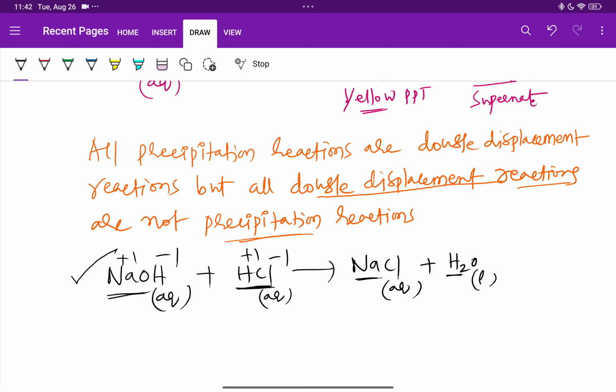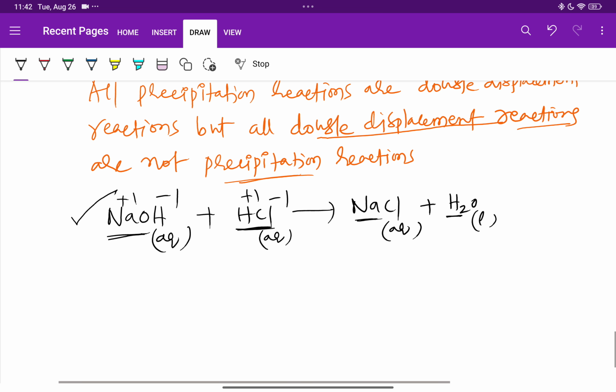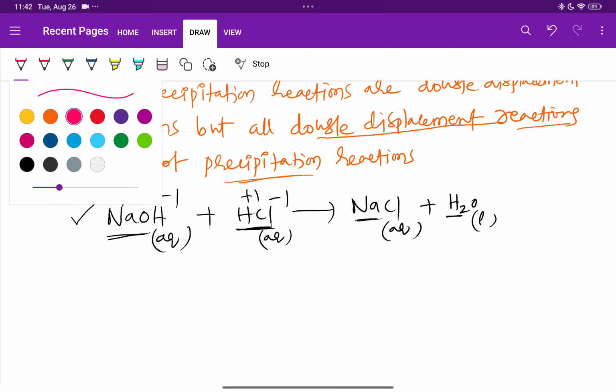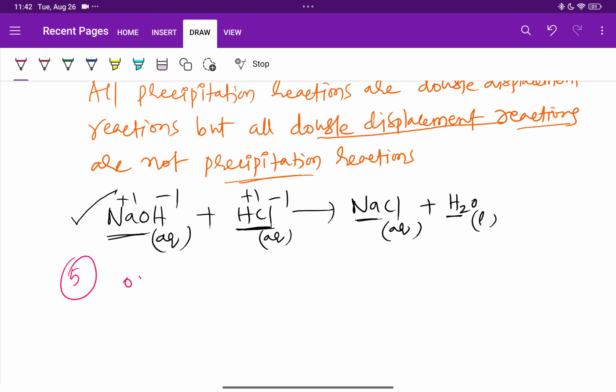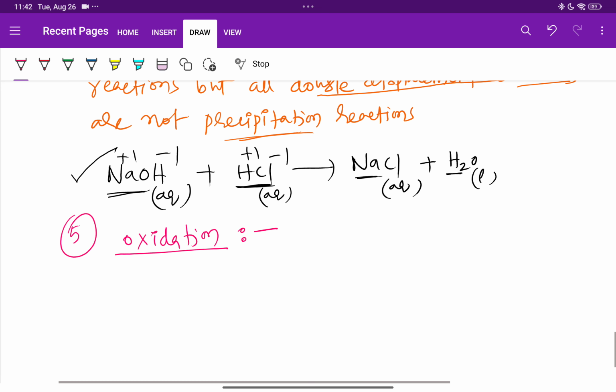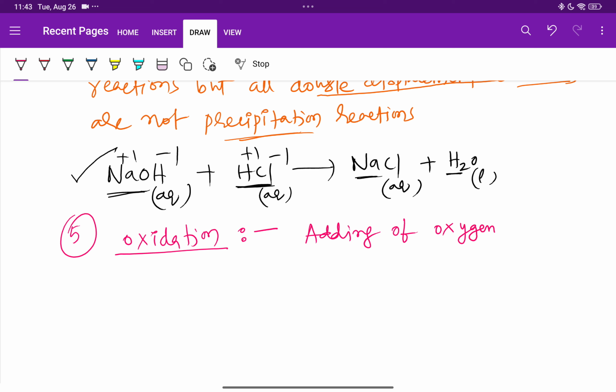And the fifth one is very important, oxidation reaction. What is the meaning of oxidation? Oxidation is nothing but adding of oxygen to any element or compound. Otherwise, removing of hydrogens from any compound.